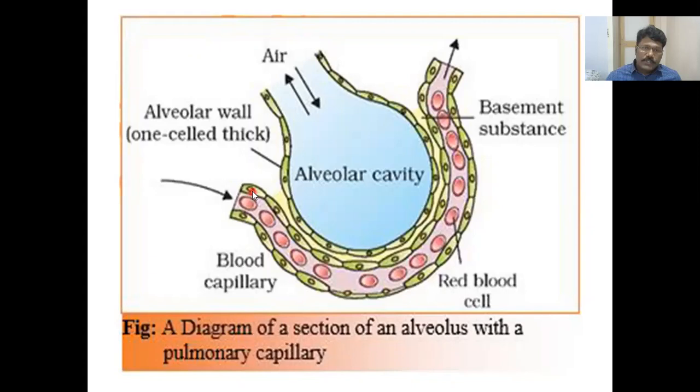And the blood capillary is also having a single layer of endothelium. And in between these two, there is another layer called basement membrane or basement substance. So these are the three layers that are present in the alveoli, where the diffusion of oxygen and carbon dioxide takes place.